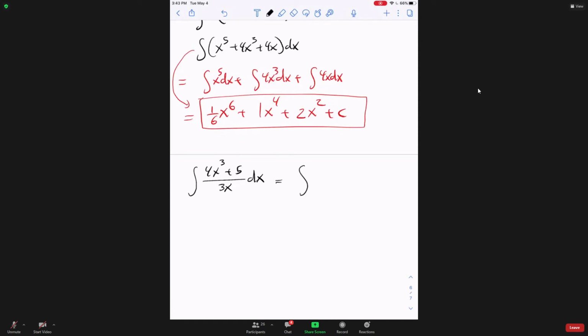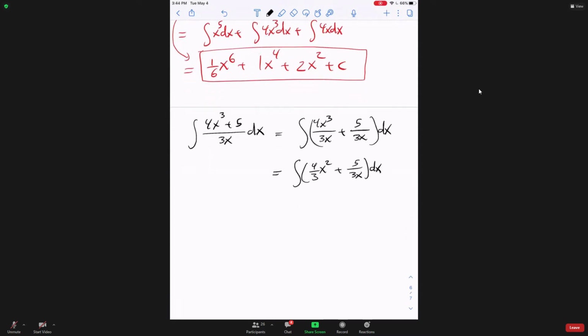Right now it's a quotient, but I do that, then I'm going to simplify it. So let's see. The first term is 4/3 x squared plus 5 over 3x dx.